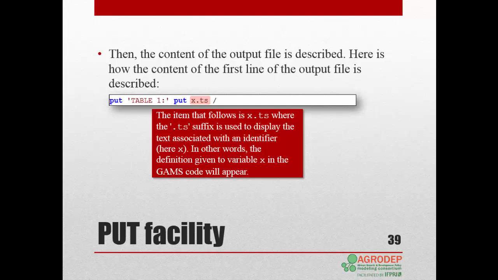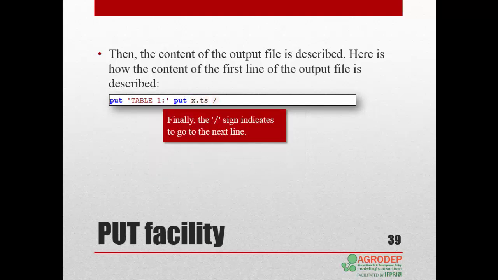The second put statement also writes a textual item, but in a different way. The output item is a variable x with a suffix .ts. The suffix .ts displays the explanatory text associated with the variable x when the variable was defined in the GAMS program. We refer you to Section 15.9 of the User's Guide for a complete description of output items.